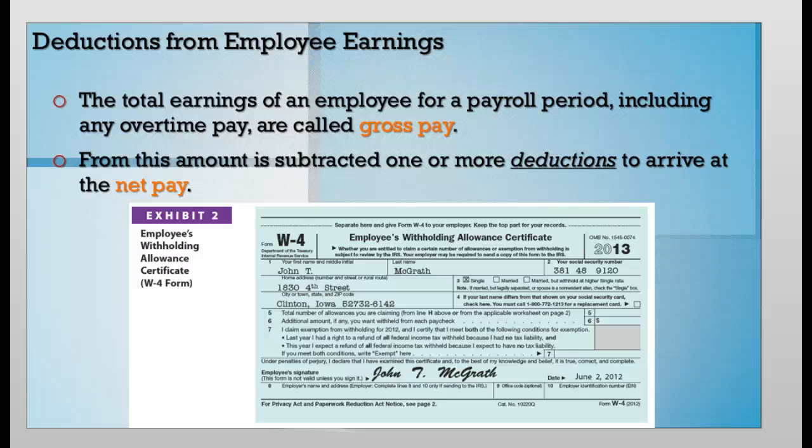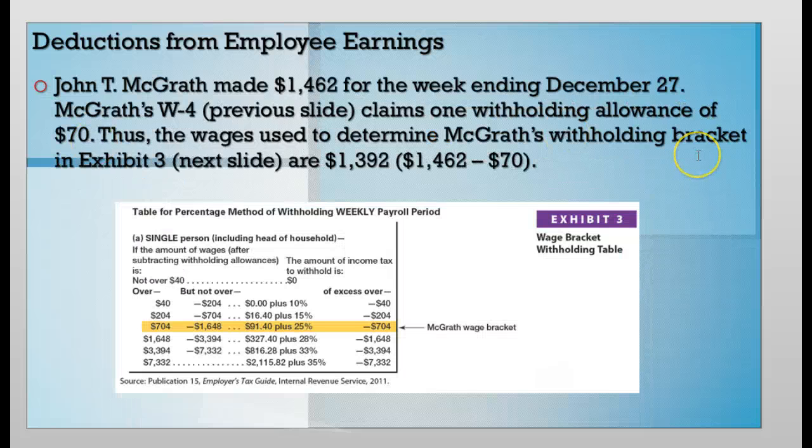In this case, he has one deduction, and according to the tax tables, one deduction is worth $70. So to figure his federal income tax, you have to deduct that $70 from his gross pay and come up with his taxable weekly income for federal taxes.